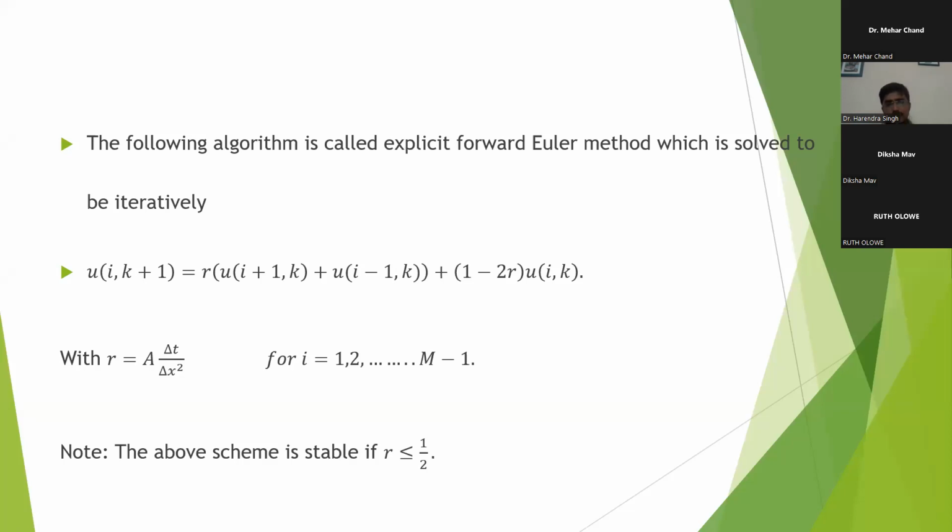The above scheme is stable using the von Neumann stability condition. If you solve this scheme, then this scheme will be stable if r is less than or equal to 1/2. What do you mean by stable?